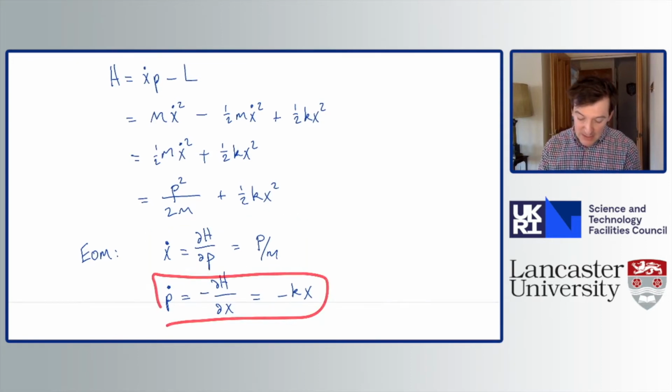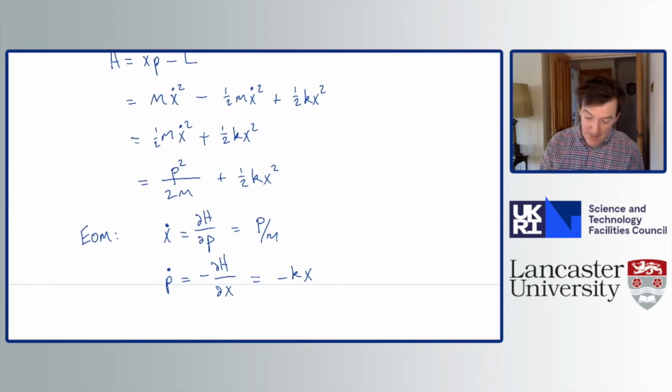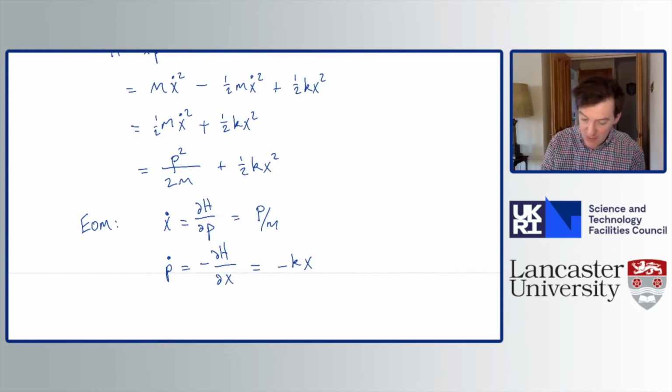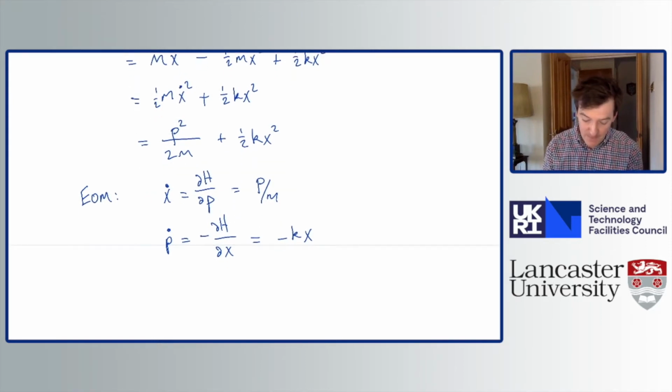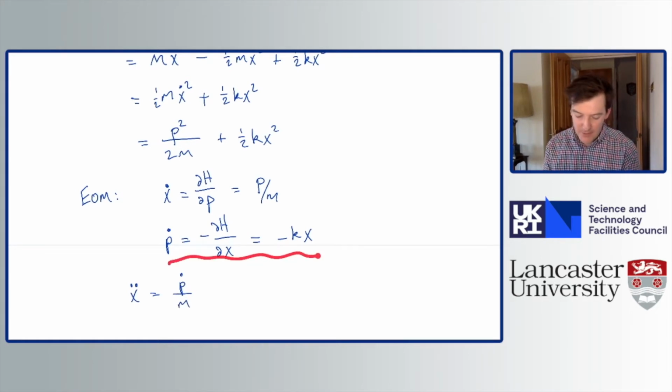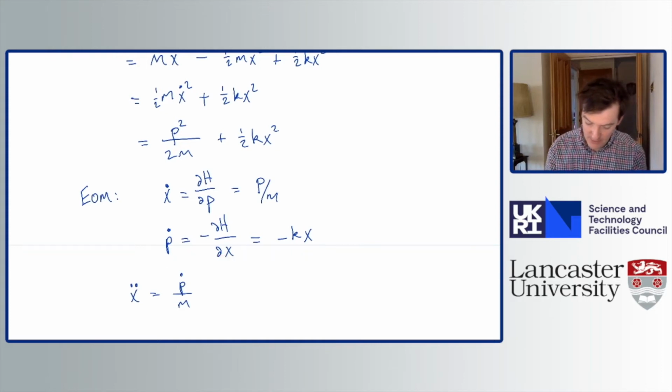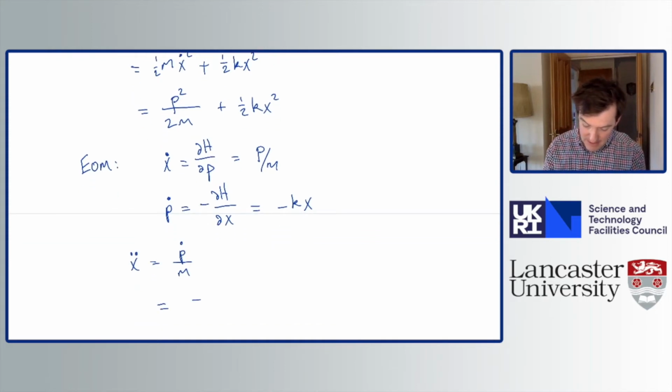Now, if we want, we can get back to a second order equation. Okay, and we can get back to a second order equation by differentiating this first one, for instance, with respect to time. We do that, we get x double dot is p dot over m, and then we can use the second equation to substitute in for p dot, get minus k over m times x.